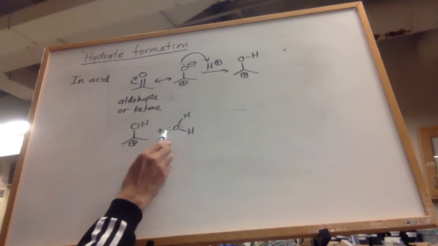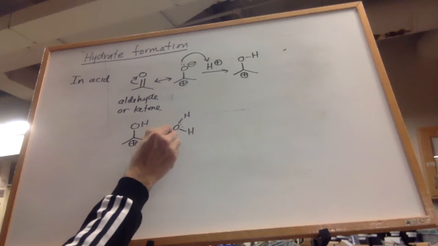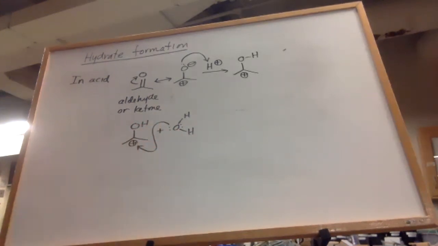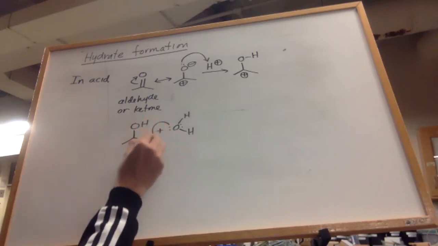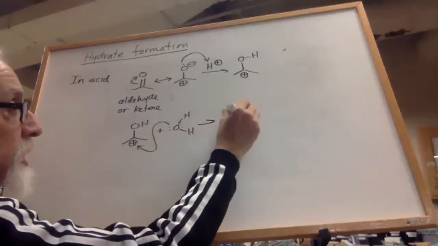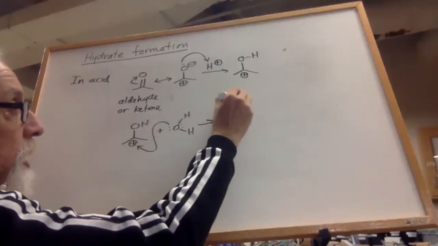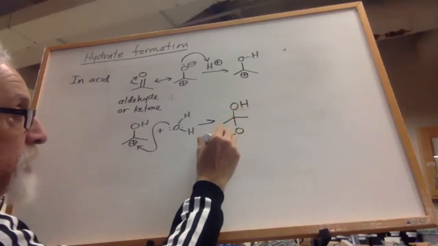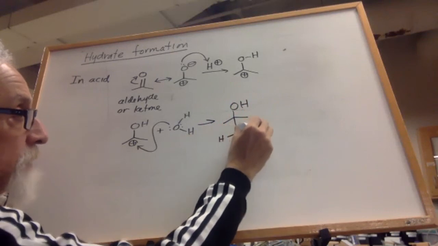This oxygen has all of these unshared pairs of electrons, and so this oxygen is going to use these electrons to attack the carbonyl carbon. And again, these arrows represent the motion of electrons. They don't represent the motion of atoms. So these electrons come out here and they attack the carbonyl carbon, and we get an intermediate that looks like this.